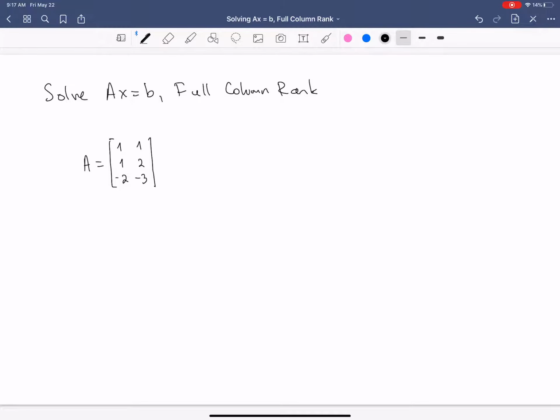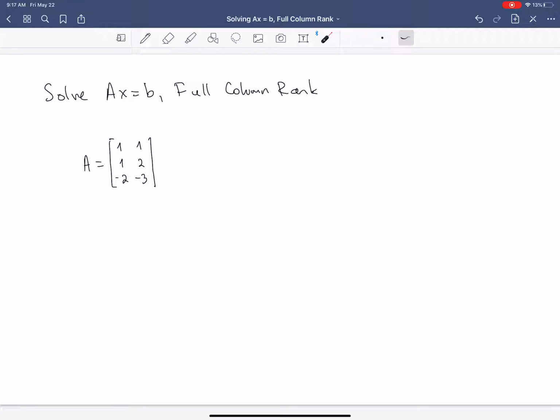Now let's consider the case when elimination in the matrix AX equals B gives us only pivot columns. Such an example is the matrix A. How do we know, without carrying out any elimination, that the matrix A has two columns that are pivot columns?